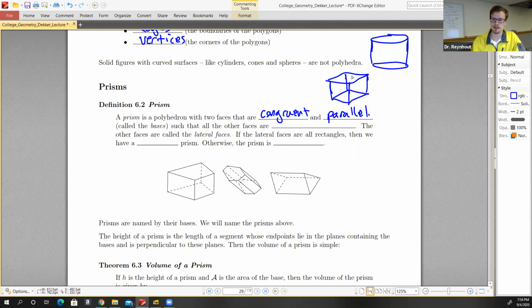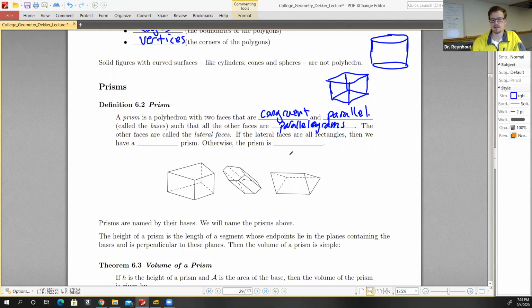So the two faces are the same two-dimensional geometric figure, such that all other faces are parallelograms. The other faces are called lateral faces. So you have bases and lateral faces.